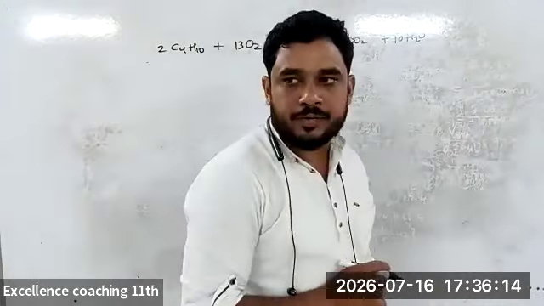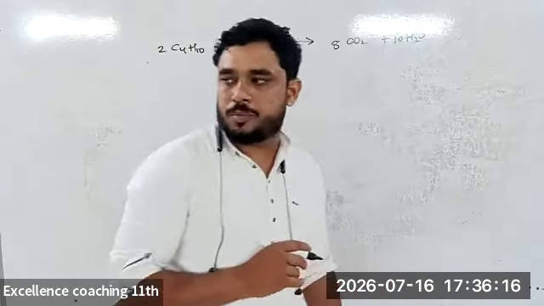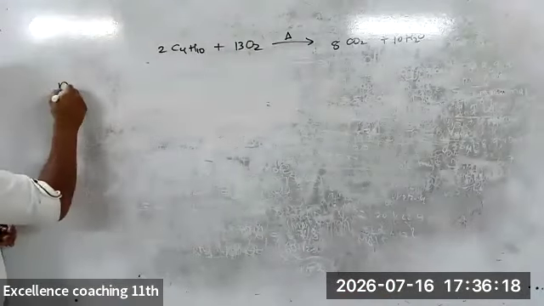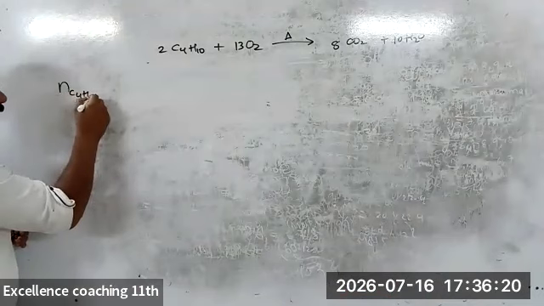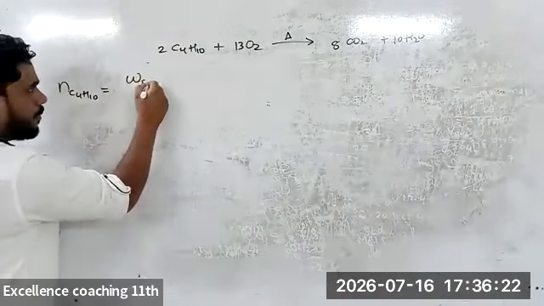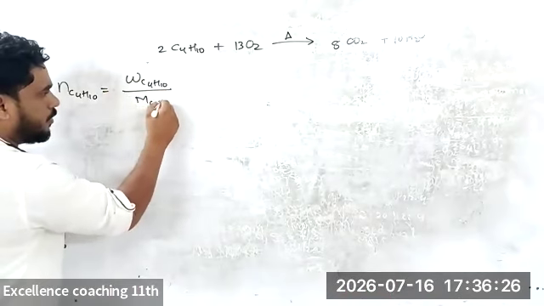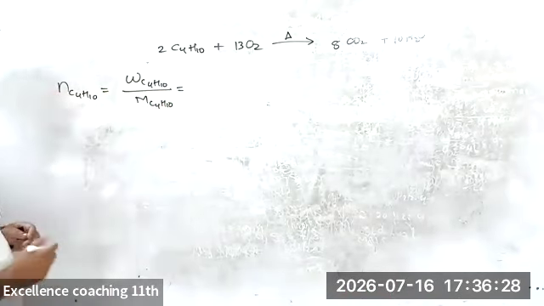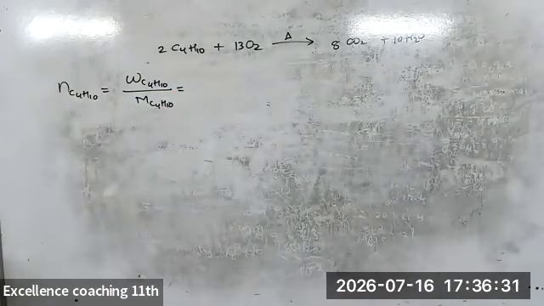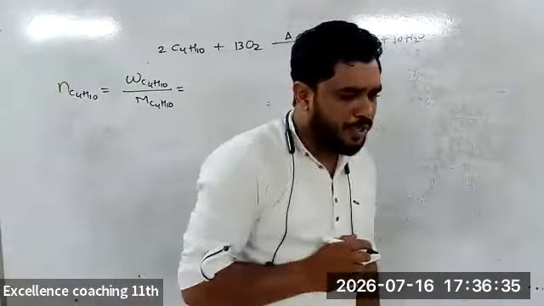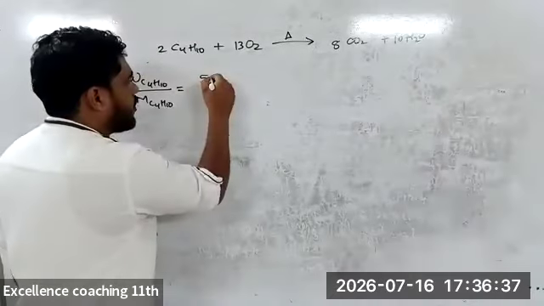So mass of butane is given. Which is the first formula I will use? Number of moles of butane is equal to mass of butane upon molar mass of butane. Mass of butane given is 5.8.